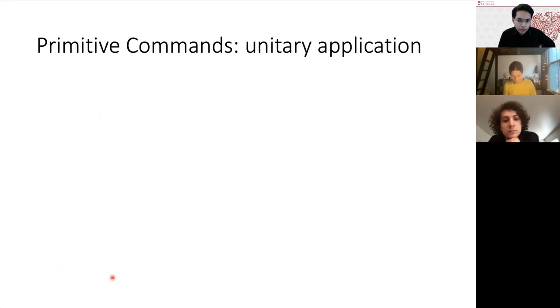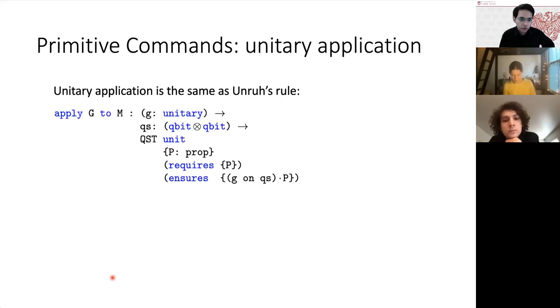And then finally is the unitary application rule, which is not very insightful because it's the same as what we saw before in Unruh's work, where we can apply some unitary, I'm calling it G, to some qubits Qs. And whatever the proposition was, this is a ghost proposition now, we will just apply G on Qs in P. So basically directly using what Unruh does.